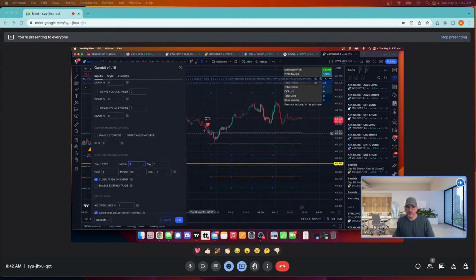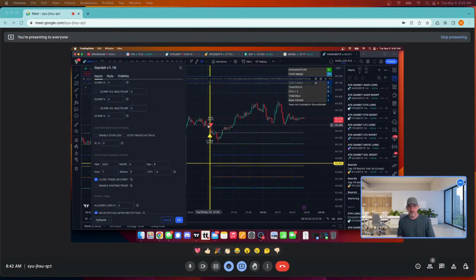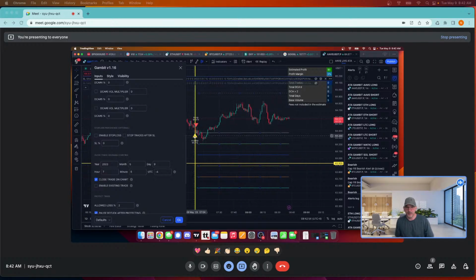And then all I have to do is find this candle. So May 9th, 7:06. So 5, 9, 7:05. You always go 1 minute back, because watch, this is going to flip to a short, but then the close candle's there. The reason you do that is because you close the candle before, so it flips to that.